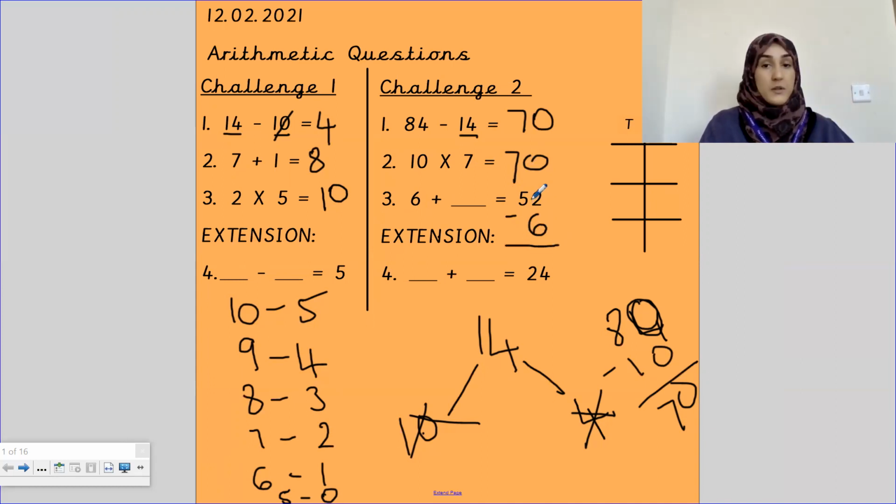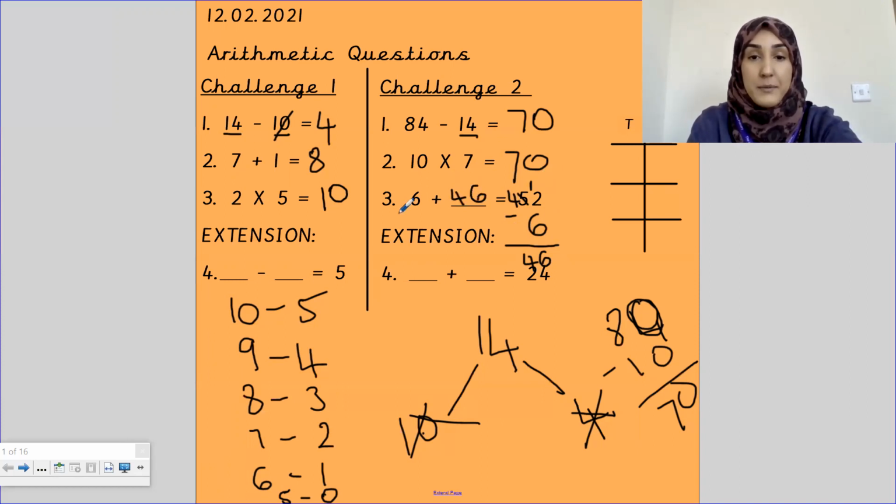No, because 6 is a bigger number. So we're going to exchange. That becomes 4. And we take 6 away from 12, which leaves us with 6. And we take 4 away from nothing, or 0, which leaves us with 4. So the answer is 6 add 46 equals 52.